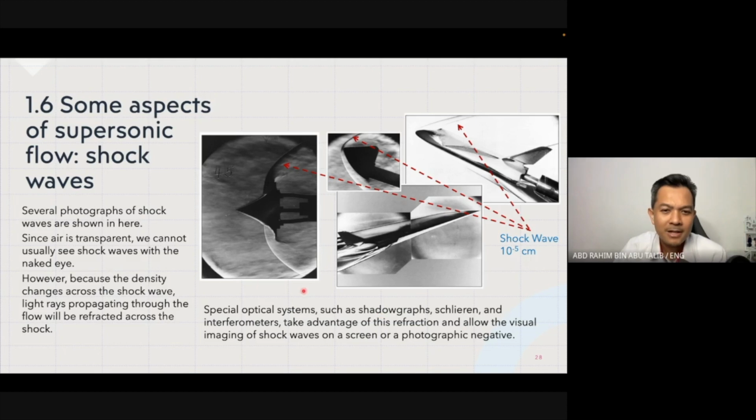But it is quite tough. You need a very special high speed camera, and you need very good lighting as well to capture the moment of the shock development. All right.